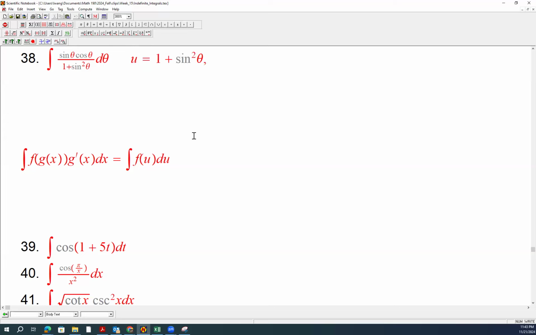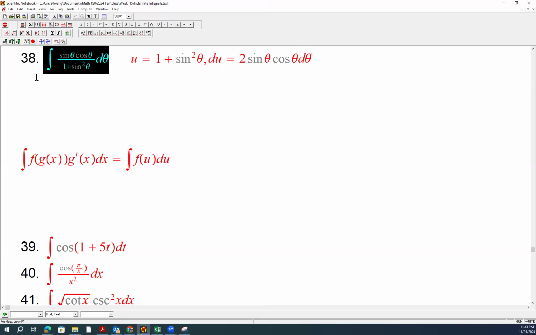Then du will be equal to, we're going to apply the chain rule to differentiate sine squared. So that's going to be 2 times sine theta cosine theta d theta.